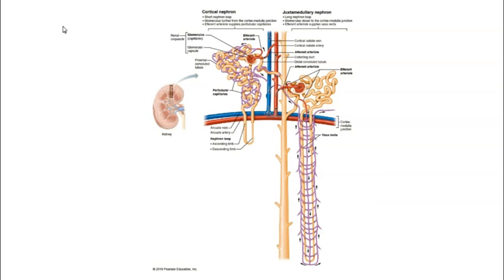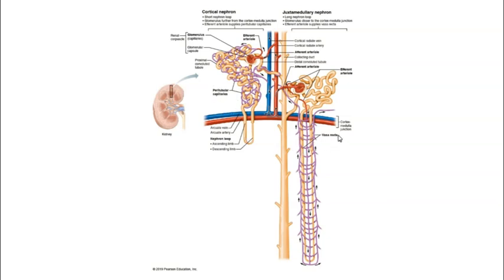So let's spend a minute and actually look at these blood vessels that are associated with the renal tubules. We've got two different types of blood vessels, depending on the nephron type. Cortical nephrons have capillaries associated with them called peritubular capillaries.